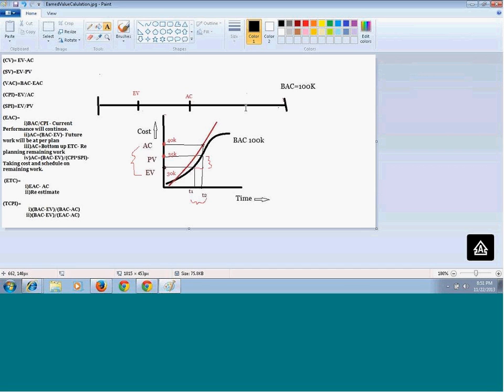So you re-estimated, calculated what your estimated value will be, and with the amount you will get, you can get the to complete performance index. If you perform at that TCPI level, you can still meet your project and end up at the EAC amount. So these are all the formulas from cost management, and they are very important.